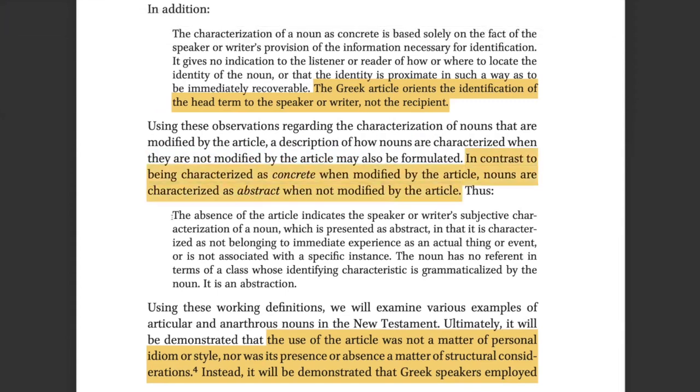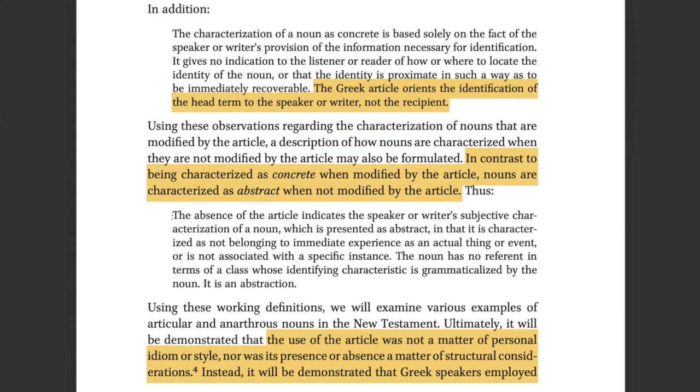Thus, the absence of the article indicates the speaker or writer's subjective characterization of a noun, which is presented as abstract in that it is characterized not as belonging to immediate experience as an actual thing or event, or is not associated with a specific instance. So a specific instance, see, this is where the language is very conceptual. It's kind of hard to explain.